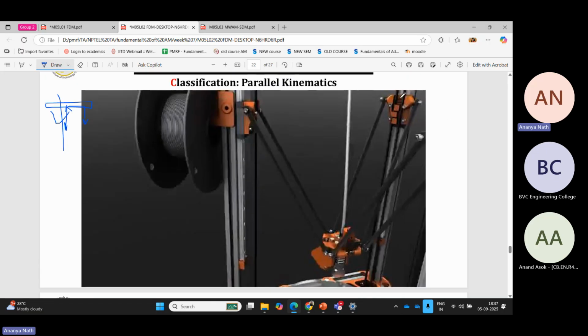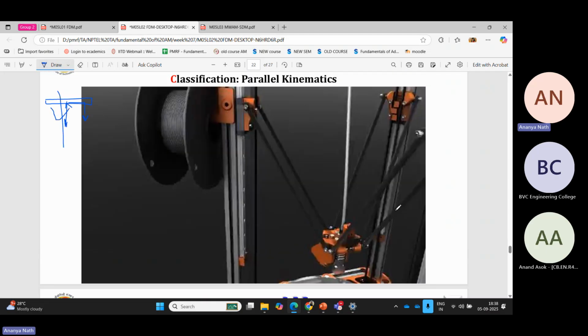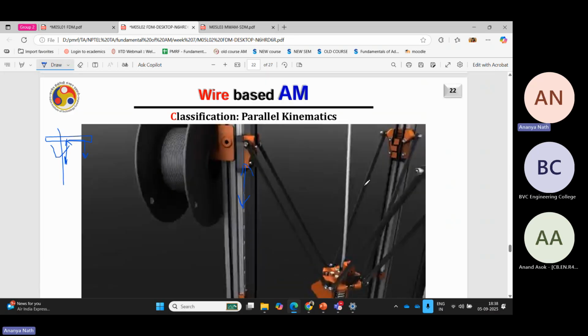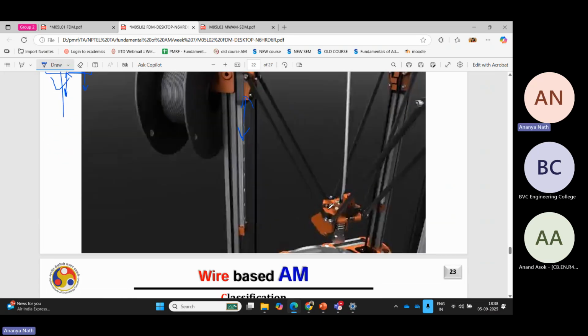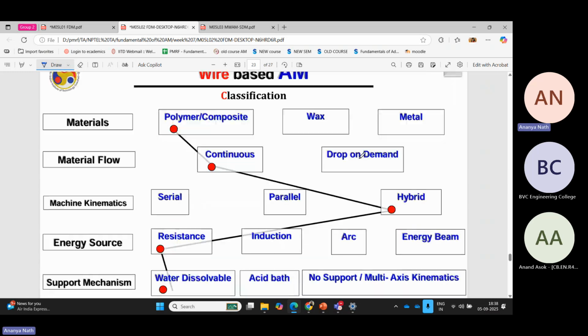So these three are the joints of this tool. This tool has these three joints, which are parallel to each other and they can move up and down simultaneously. Depending on which, you can move your nozzle very freely on top of the build plate. And this is just an example of it.